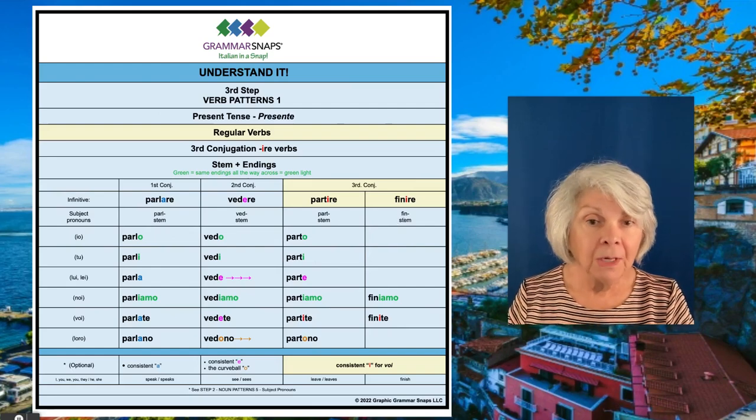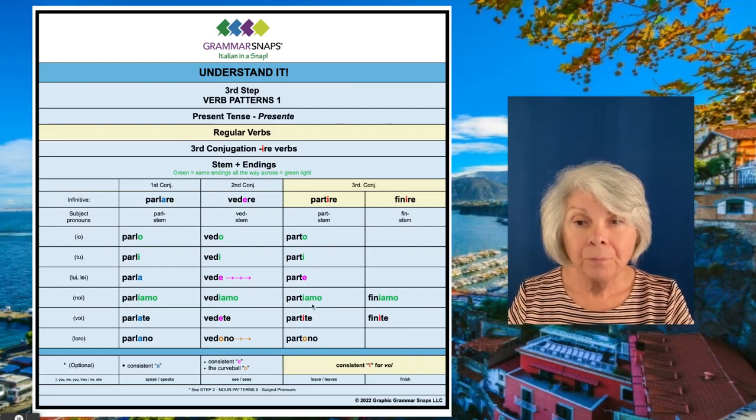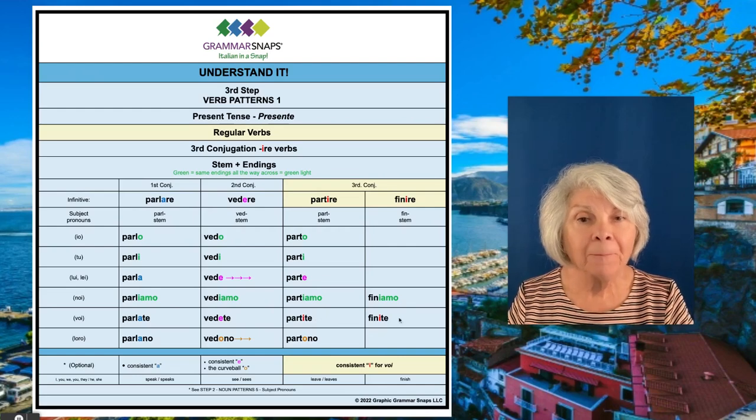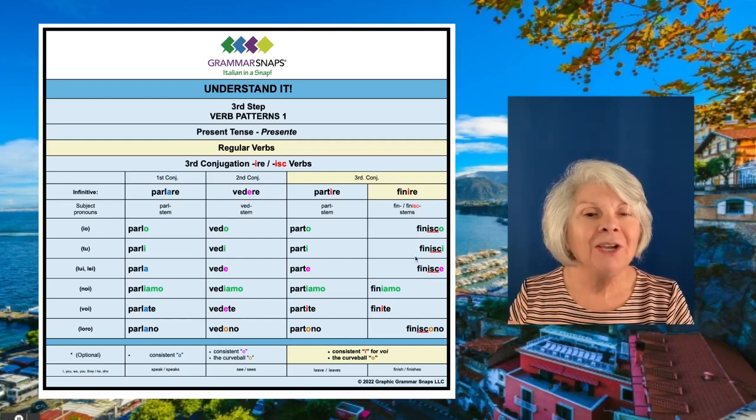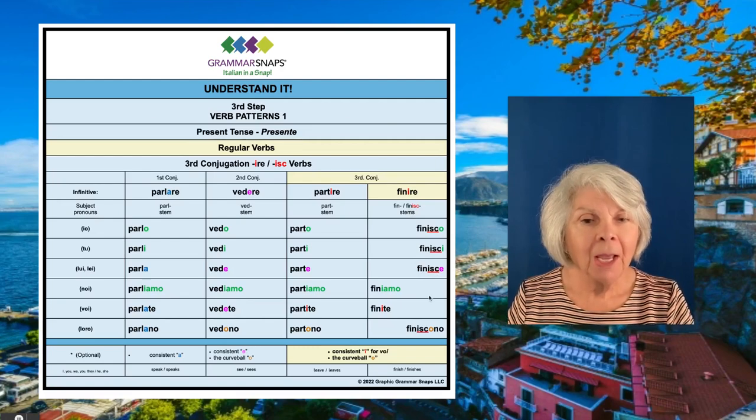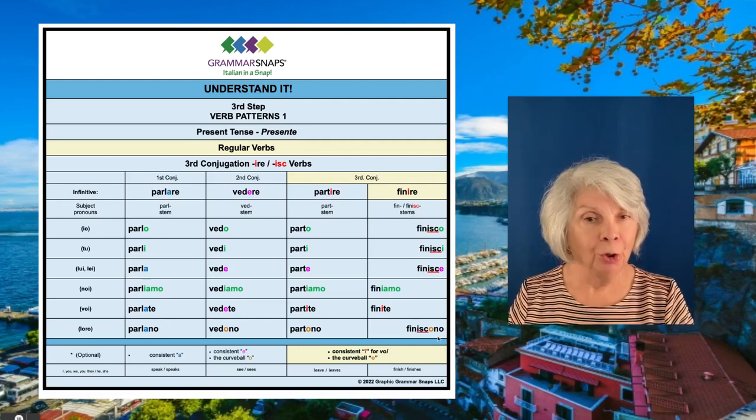Let's look at finire. Finiamo. All the way across. Noi is always the same. And finite. Yes, we can do that. Let's fill in. The second stem, fin plus isc, finisco, finisci, finisce, and finiscono.